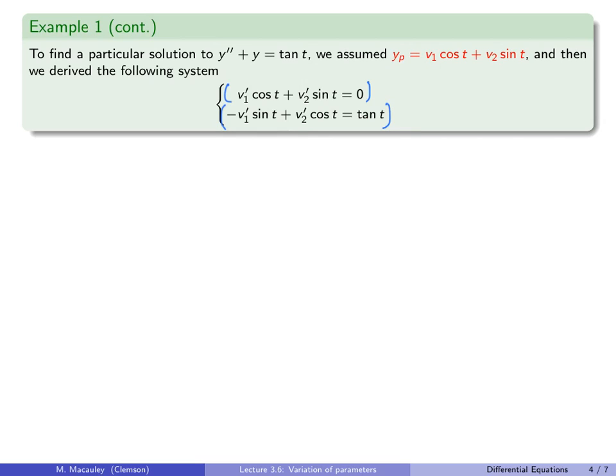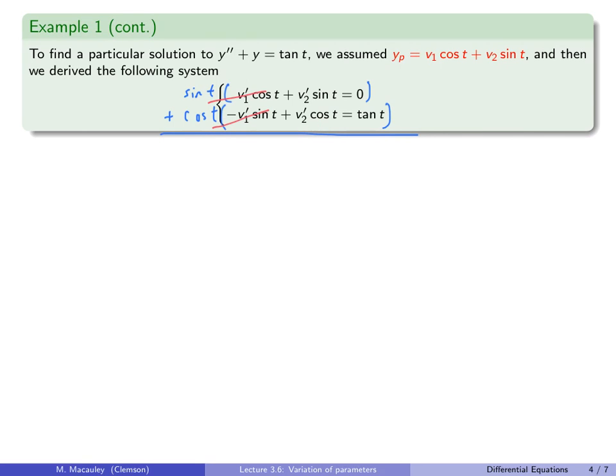So let's do that. Let's add these things up. And now look what's going to happen. These first two terms are going to cancel, and we're going to be left with v2 prime times sine squared plus v2 prime times cosine squared equals tangent.